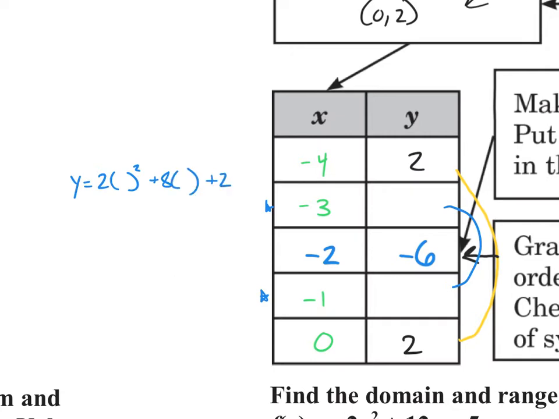Now, I'm going to pick the -1 because it's a smaller number and easier to work with. -1 squared is 1, times 2 is 2, minus 8 plus 2. 2 minus 8 is -6. -6 plus 2 tells me that my y is equal to -4.